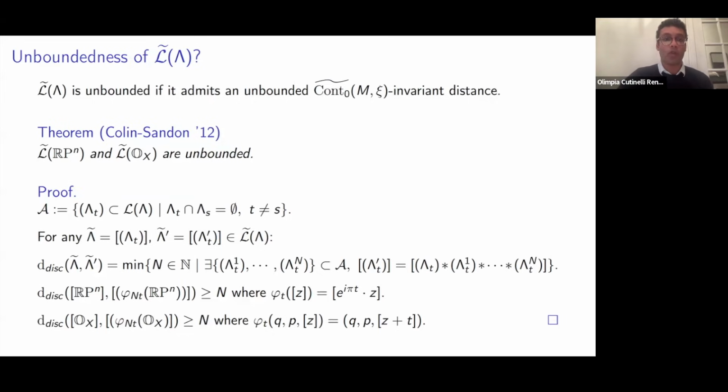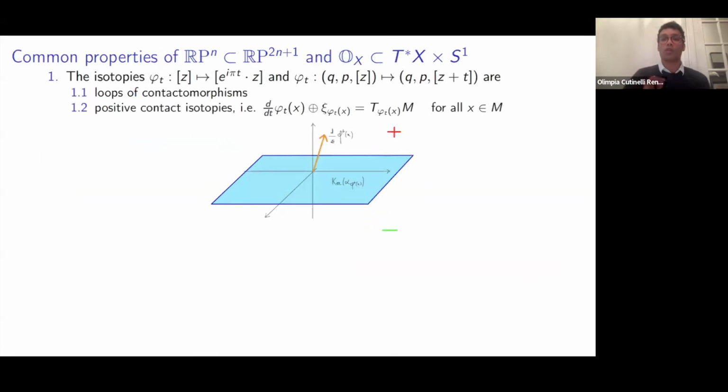So if you have no questions, I will go on, yes, a bit more conceptually, to what was important in these two examples. First, there was the existence of a periodic Reeb flow. In other words, you have a loop of contactomorphisms, an isotopy of contactomorphisms that comes back to the identity.